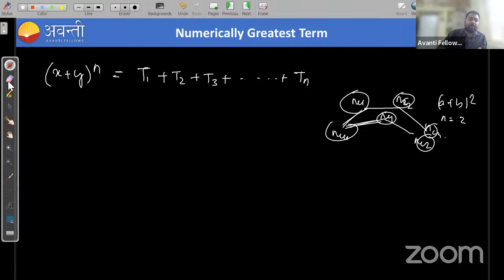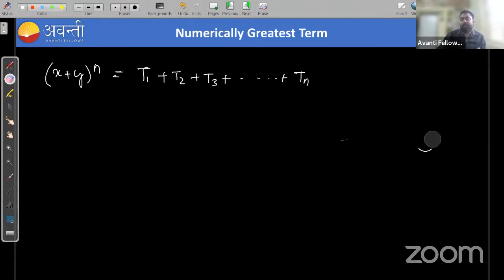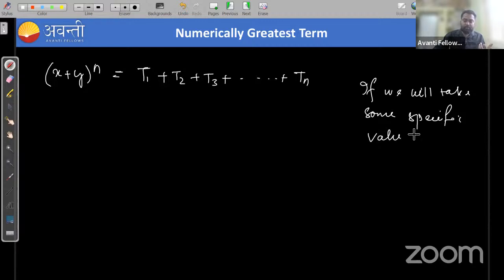Binomial expansions. So similarly, if you give some specific values to x and y, that means we fix some values.